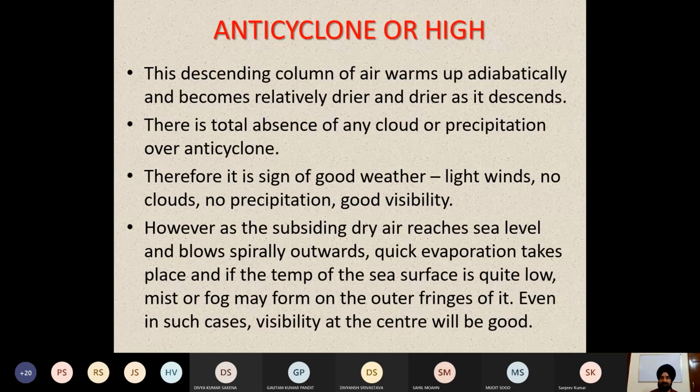So when the air is descending, it starts getting warmed up adiabatically, without any exchange or addition of external heat, and becomes relatively drier and drier as it descends. Again, when the air is descending, becoming warmer, there is absence of cloud, no precipitation, no rain. So therefore, a sign of good weather: light winds, no clouds, no precipitation, good visibility.